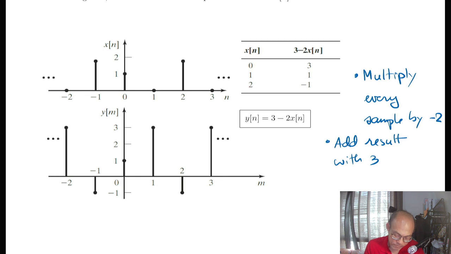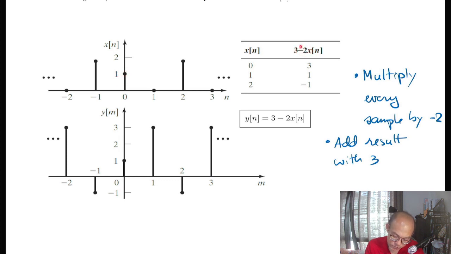And you have to be careful when x is 0. This one is not 0 anymore because you have to add it by 3, right? So 0 plus 3 is 3. 0 plus 3 is 3. But you have to be careful not to write down 0. Okay, all right. So for example here, 1 multiplied by minus 2 is minus 2, right?